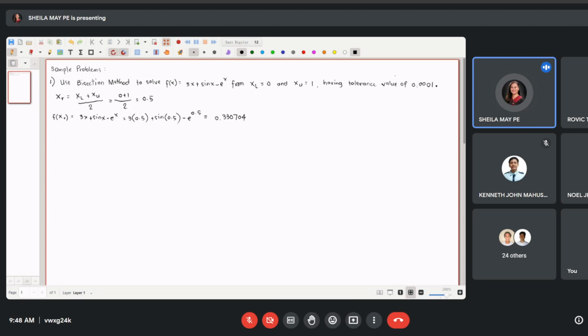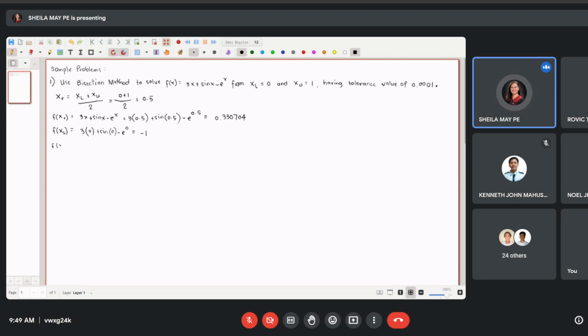Okay, now we have our function of x sub r. Now, in order for us to evaluate, we also need our function of x sub l, which is our value at l. So that would be 3 times 0 plus sine of 0 minus e raised to the power of 0, which is -1.